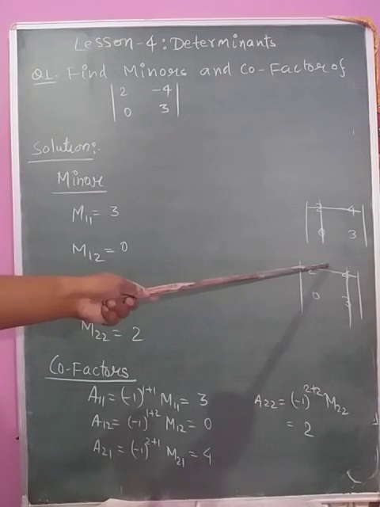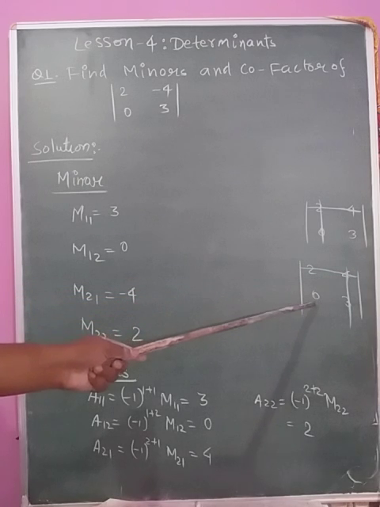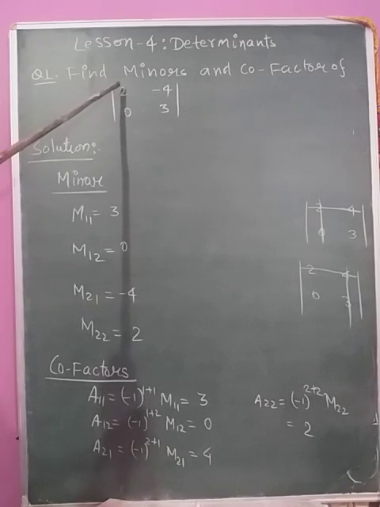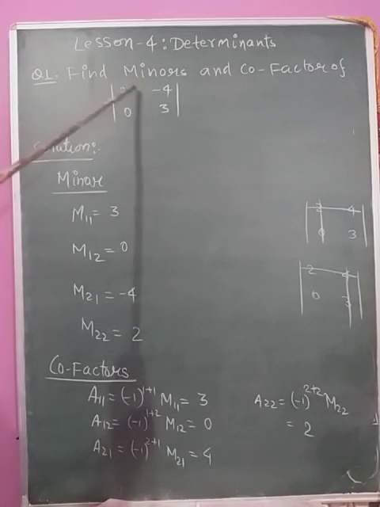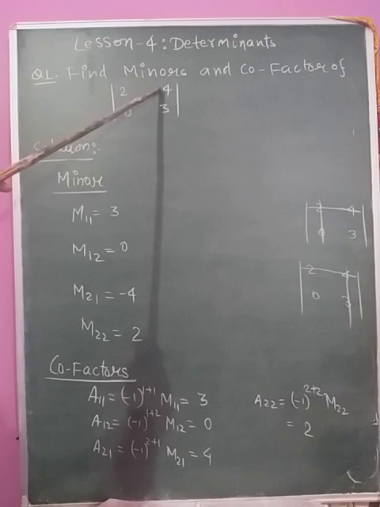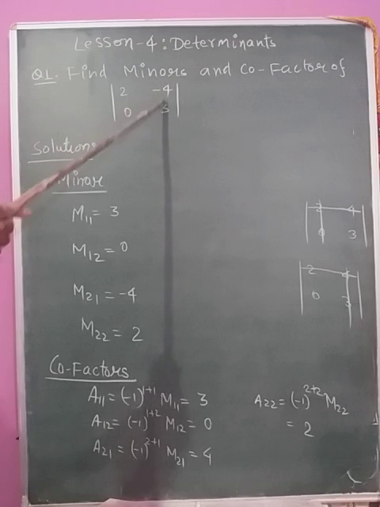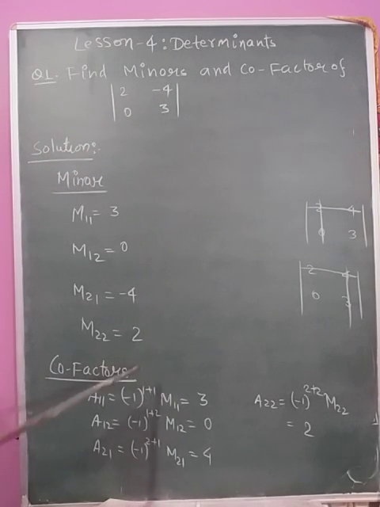Delete first row and second column, we have 0. So M12 is 0. Similarly, M21 is minus 4, after delete second row and first column, we have only minus 4. M22 means delete second row and second column, so we have 2.